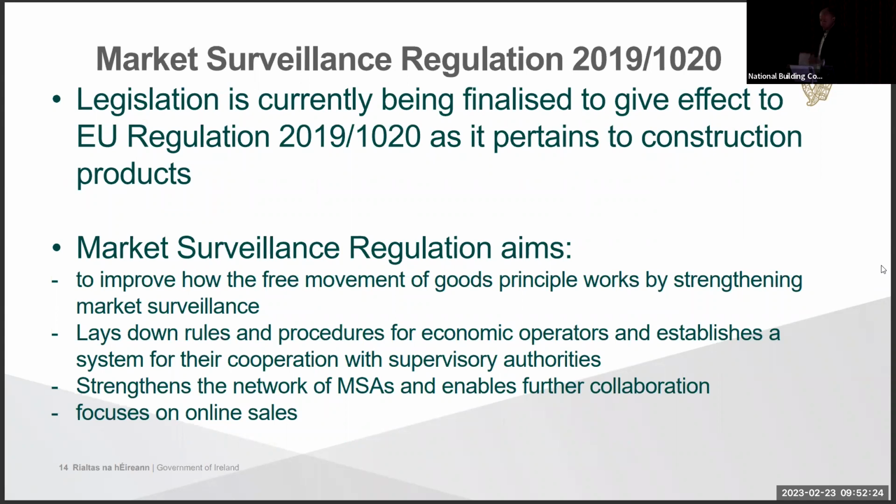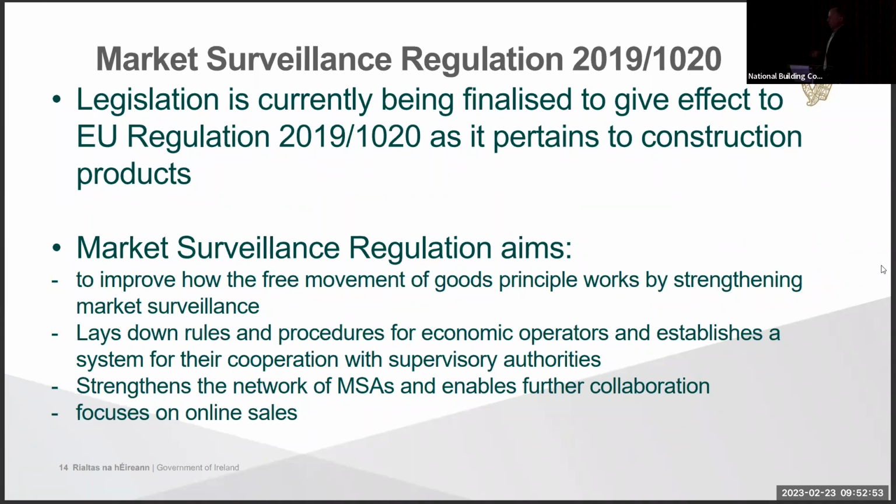In addition, there is a new regulation, 2019-1020. That's a European piece of legislation. Irish implementing legislation is currently being finalised to give effect. What it aims to do is provide clarity on additional powers to market surveillance regulations, in an effort to strengthen market surveillance.